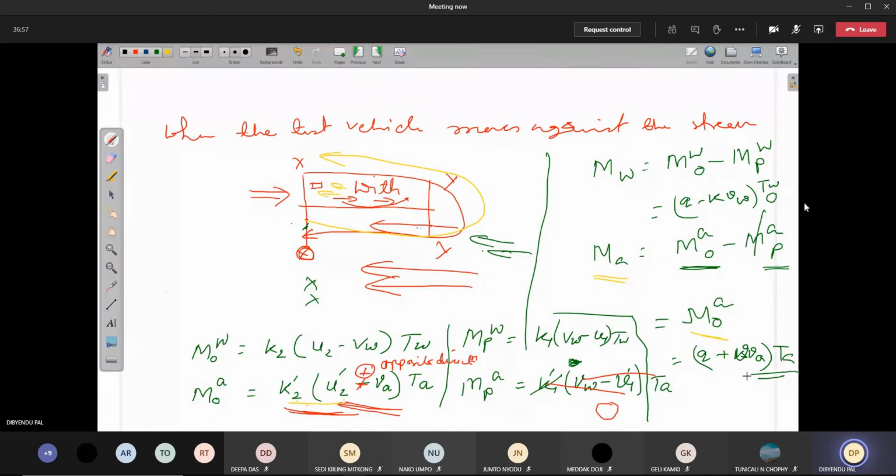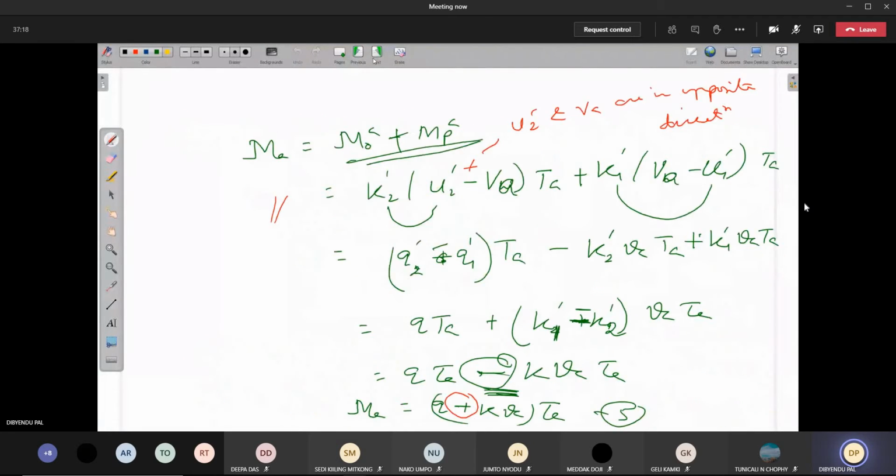So this will be equal to K into U2, which is Q, plus K VA into TA. So this is the MA. There will be a positive sign, not a negative sign. So this will be the positive sign.